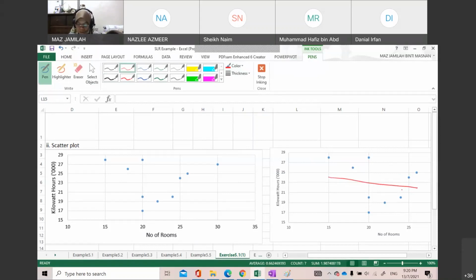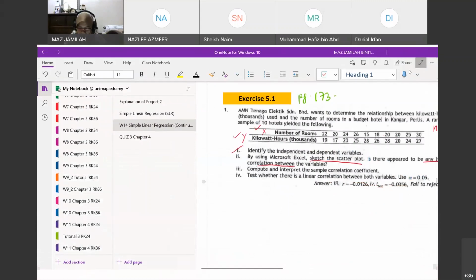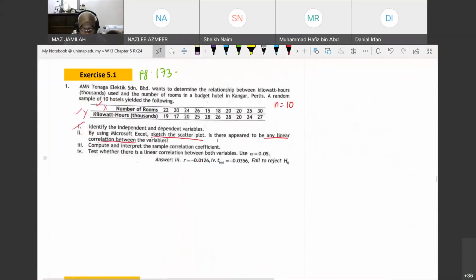So for your answer just now: does there appear to be any linear correlation between the variables? What can you say to us? Your value just now, for number 2, your r is equal to negative 0.0126.